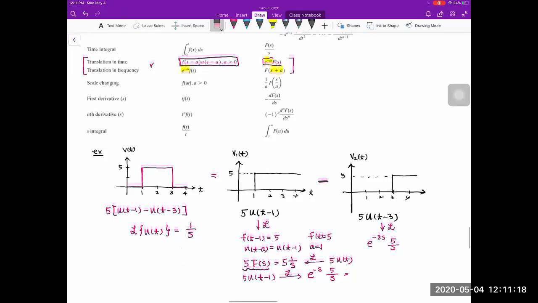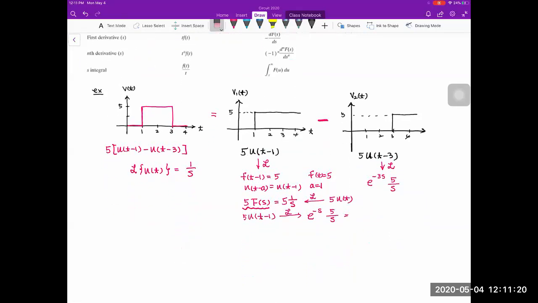Okay, and that means if you do the Laplace transform of this voltage, your result is this, where this is 3.